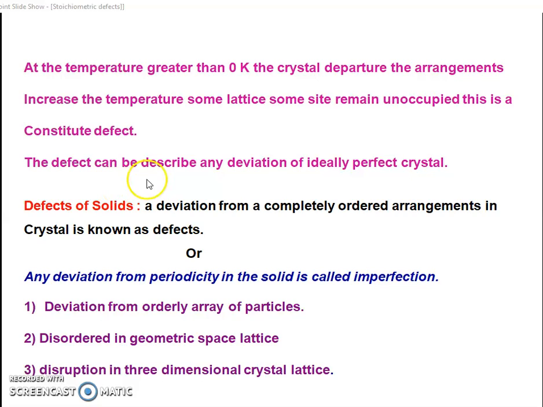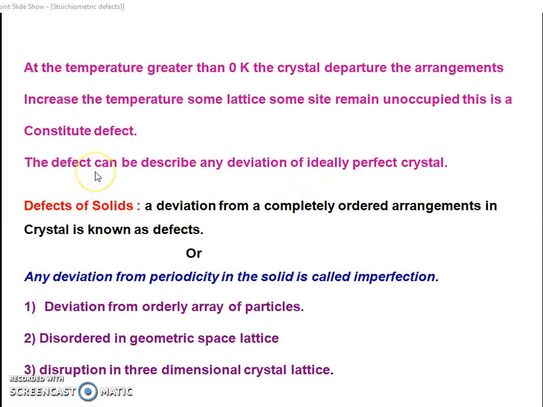A defect can be described as a deviation present in an ideally perfect crystal, from the periodic arrangement of its constituent particles.